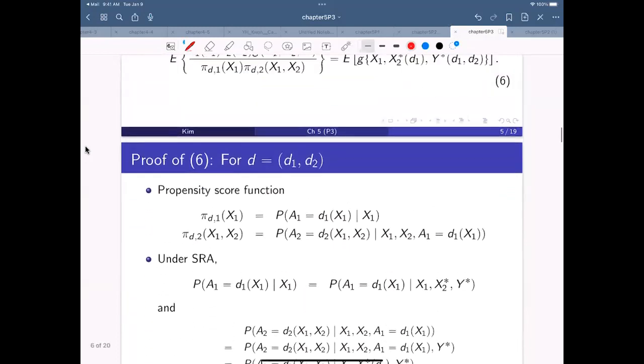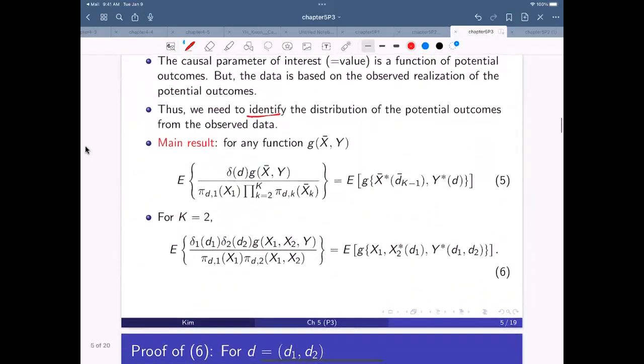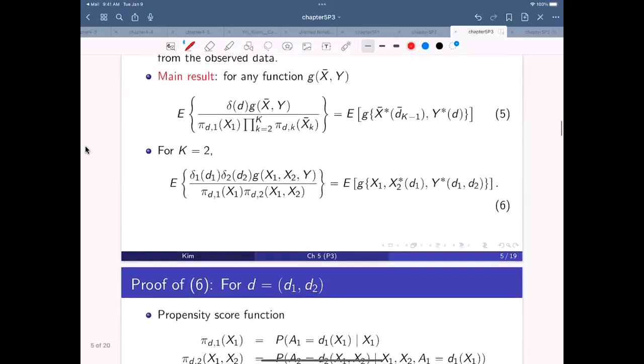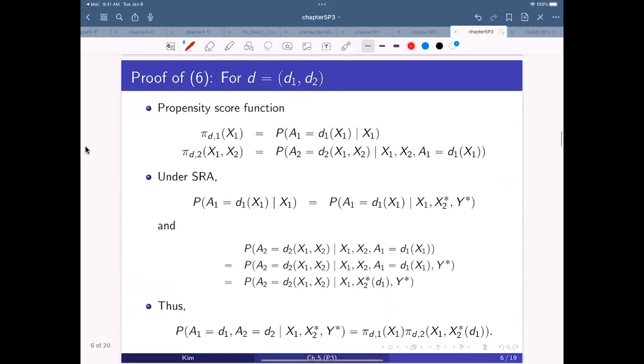So this is the ultimate goal. This is what we really want. Hopefully it makes sense.